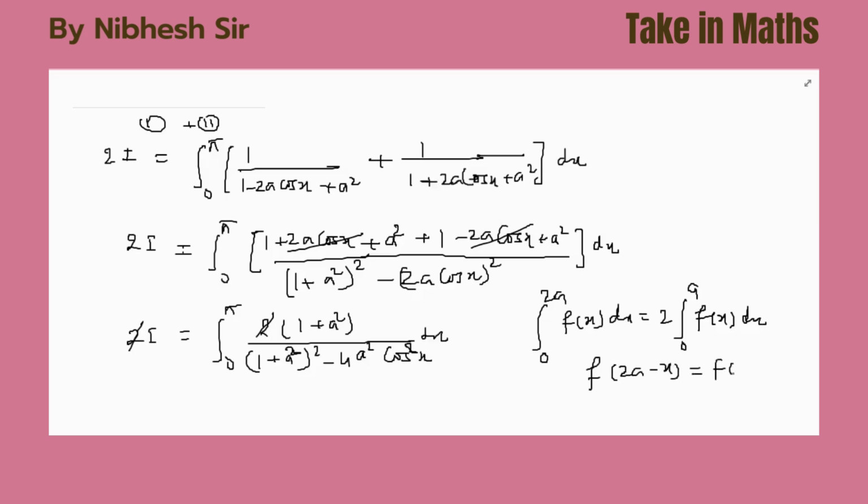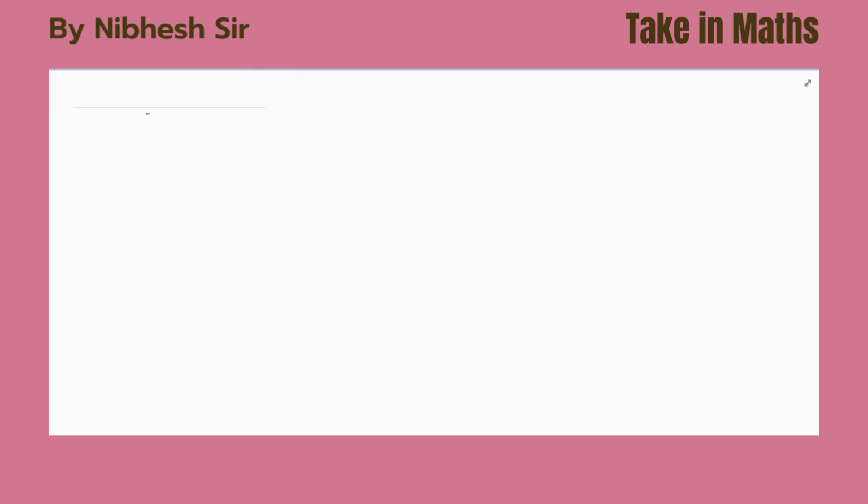So if I replace x by 2a minus x, that is pi minus x, so cos(pi minus x) is what? Cos x, and the whole square is also cos whole square, that will become positive.